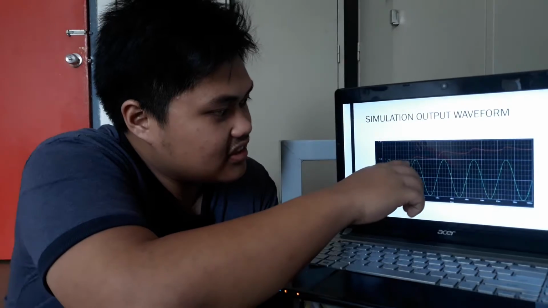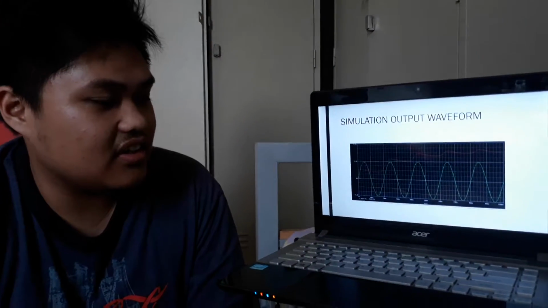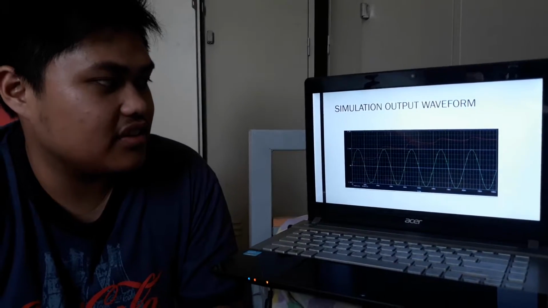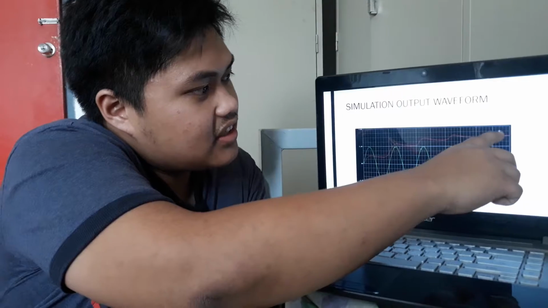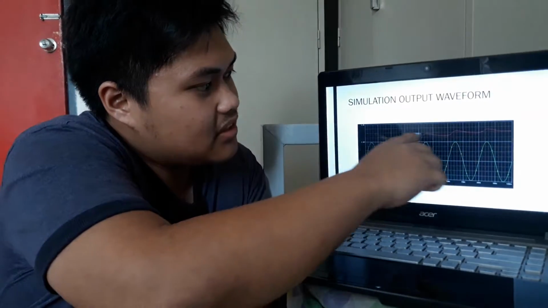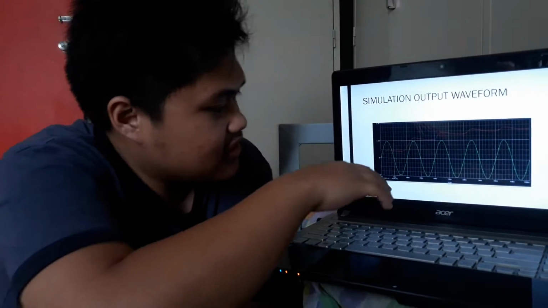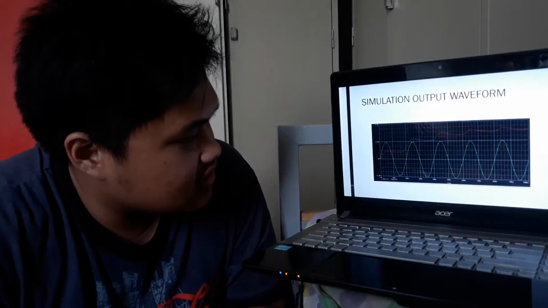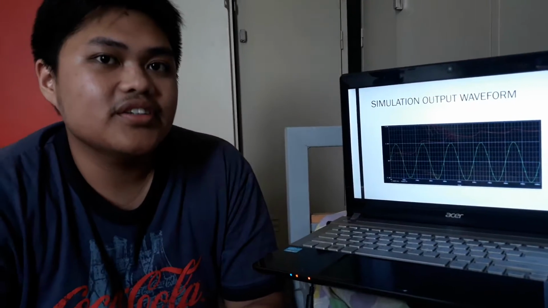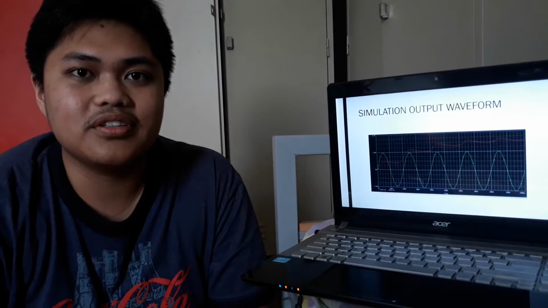This is the waveform of the output, where you can see the ripple because of the circuit, and here we can see the maximum voltage produced at the output. The graph is plotted voltage versus time. I would like to pass to Aiman Noor to explain.